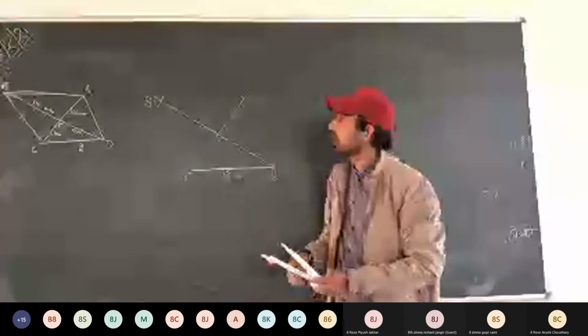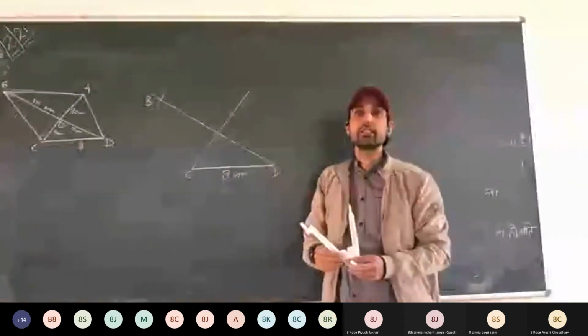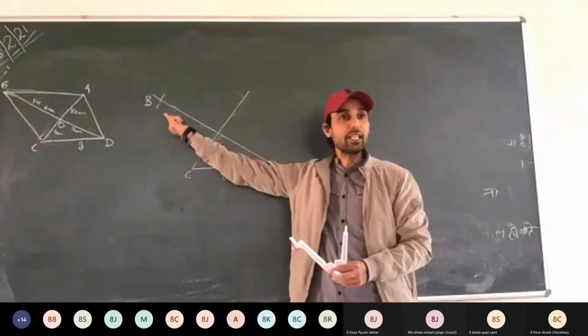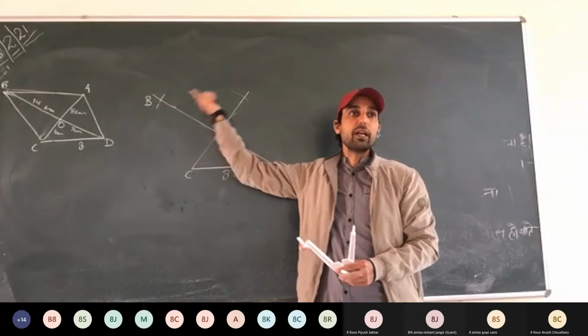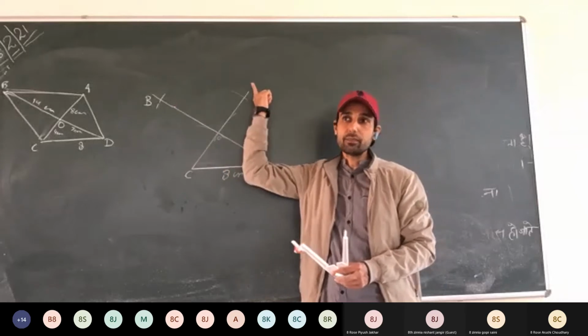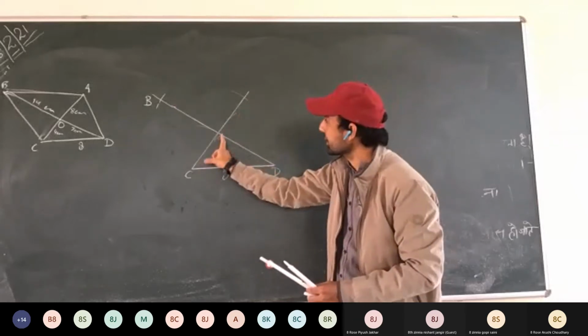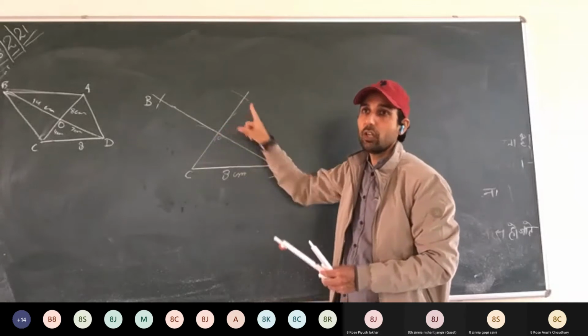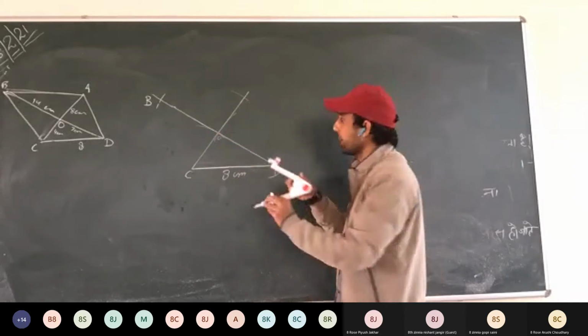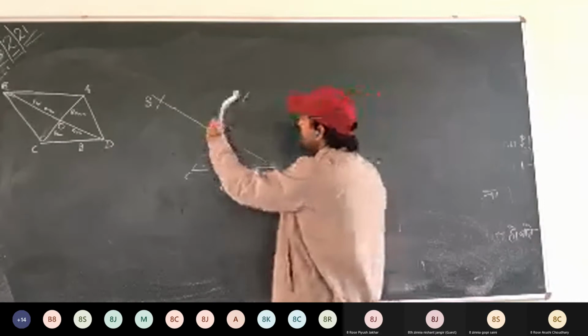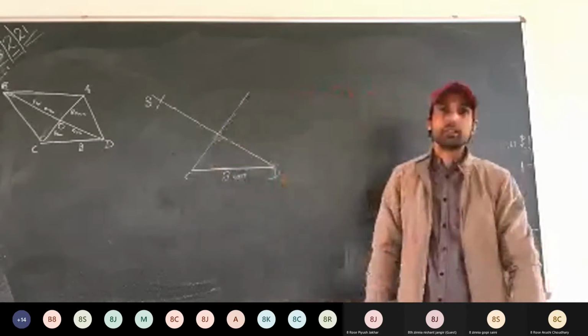A will be in a minute. B is clear to everyone. Now A. 4 centimeters, 4 centimeters. So take a radius of 4 centimeters from O and make an arc of 4 centimeters.